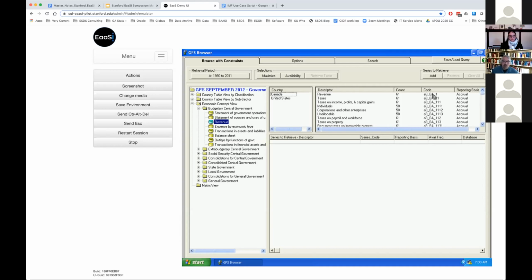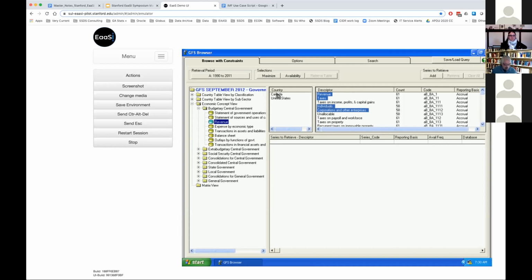Each GFS time series data has a unique code for each of those tables or time series that are displayed. So I am going to say, let's get revenue, control click taxes, and let's say corporations and individuals.